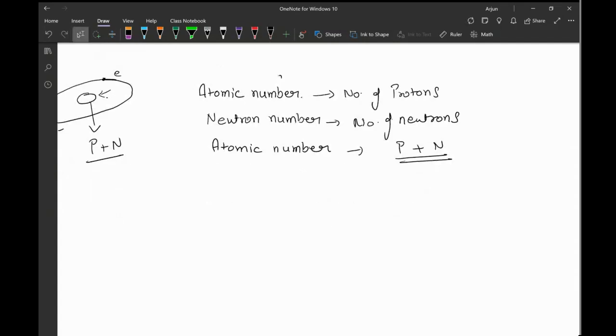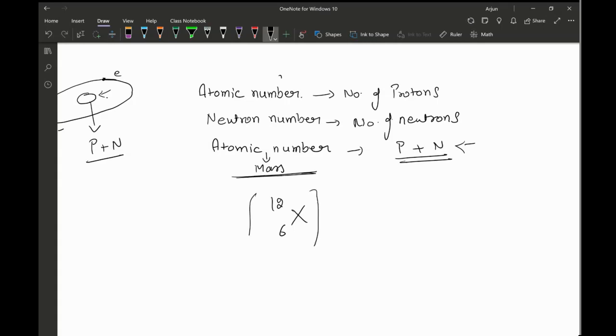So how are we going to represent it? Let's say X is the element, and I'm going to represent the atomic number on the bottom here. Let's say 6, and this is 12. So atomic mass number, which is the sum of proton and neutron, will always be the bigger out of the two.